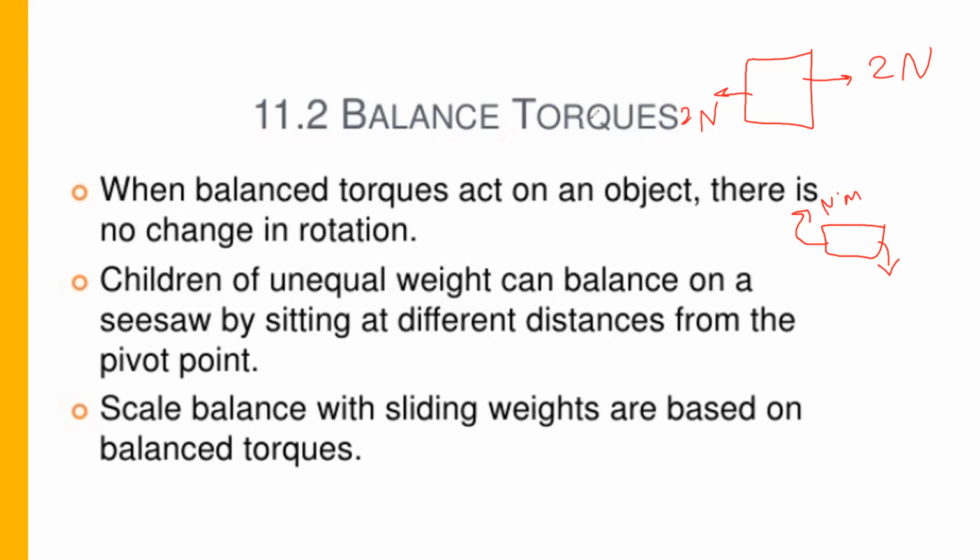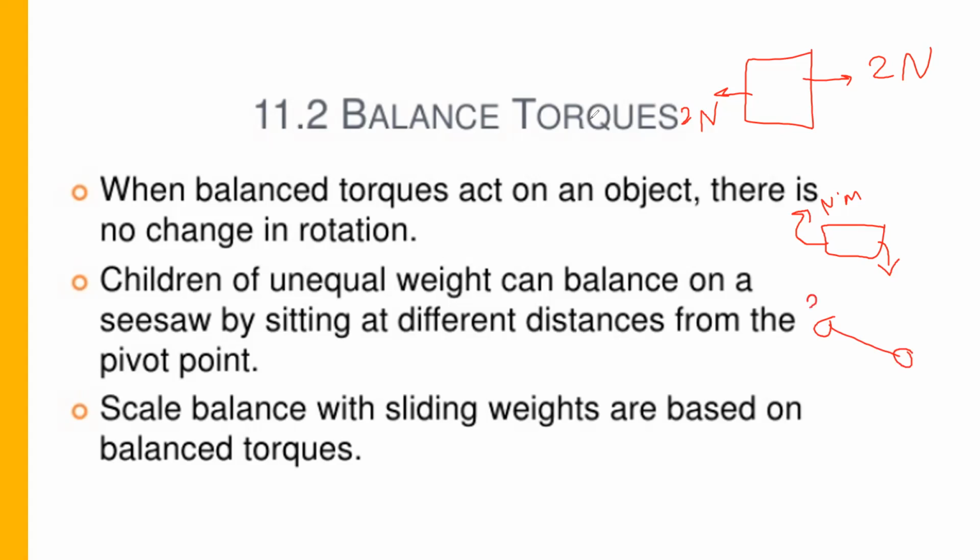As an example, children of unequal weight can balance on a seesaw by sitting at different distances from the pivot point. You have here 2 children. One is sitting here and the other one is sitting here.